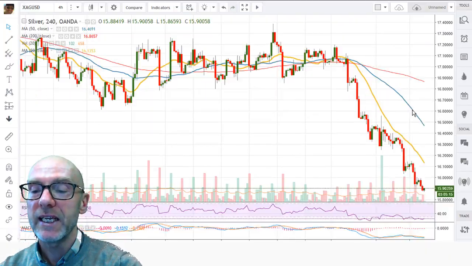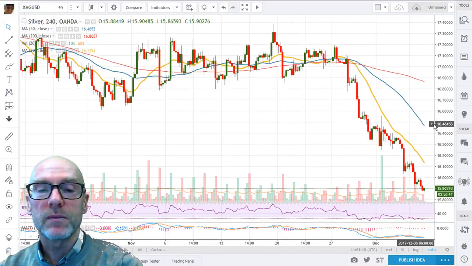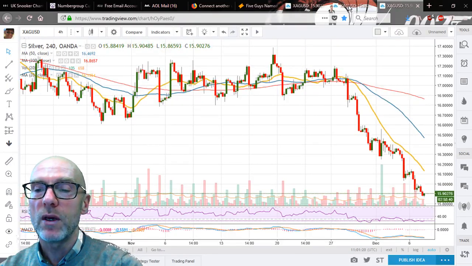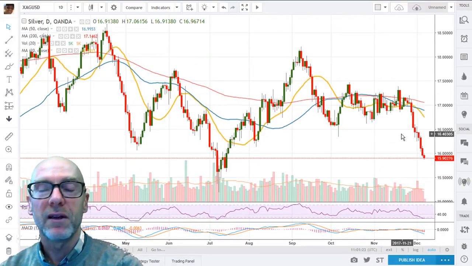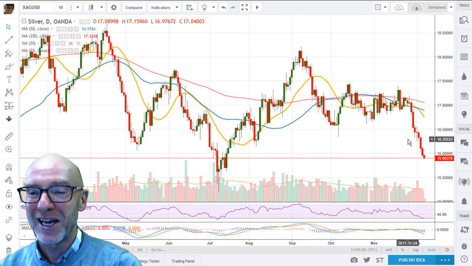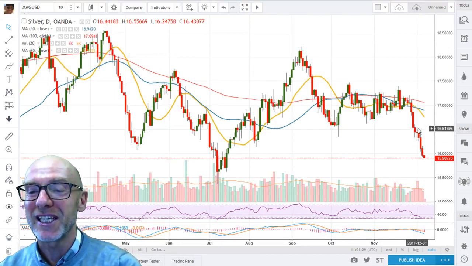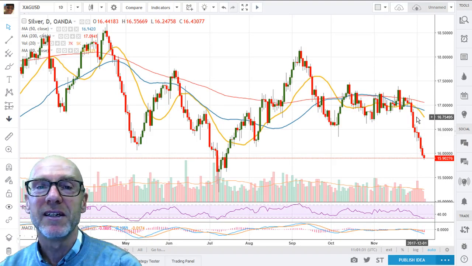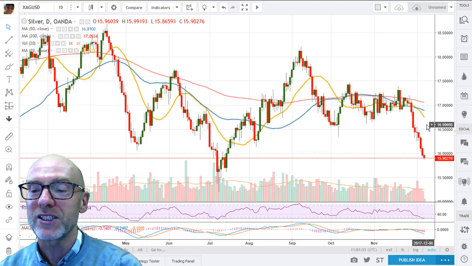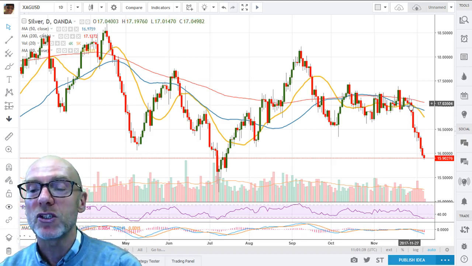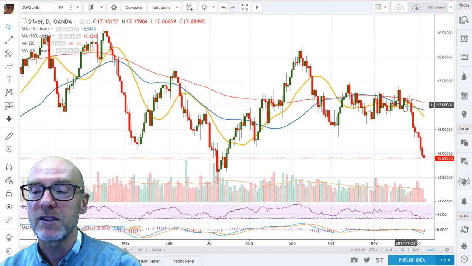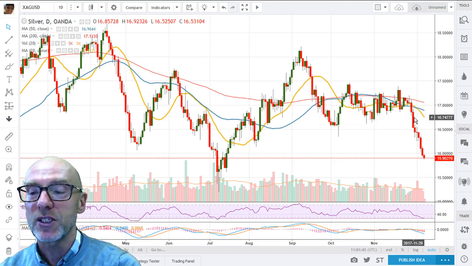On the daily picture, sorry, that's the 4-hour. On the daily, I didn't realise that was the 4-hour. As you can see, the last 10 days have been quite diabolical for the silver price, taking it down below the support of the moving averages. They did give marginal support for a day, 2 days, but then it subsided. We've now had the collapse.